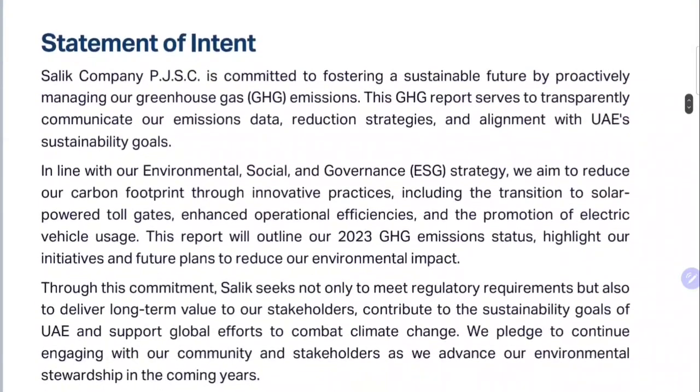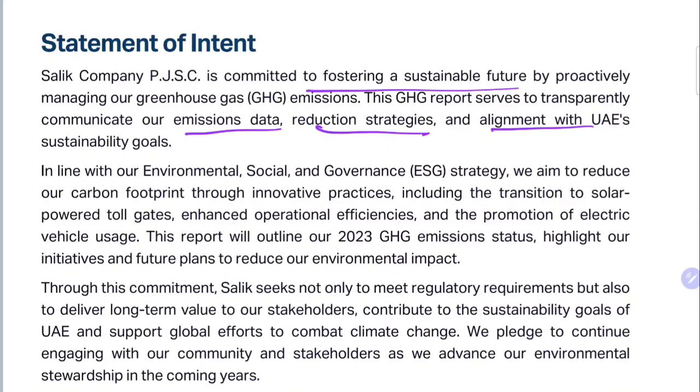Now, what is the intent statement? The company is committed to fostering a sustainable future, also in line with the GHG emission targets. This report also serves to transparently communicate the emission data, reduction strategies, and alignment with the UAE's sustainability goals. Also, the company is aligned with the ESG strategy to reduce the carbon footprint through innovative practices, including the transition to solar power at toll gates and enhanced operational efficiencies.